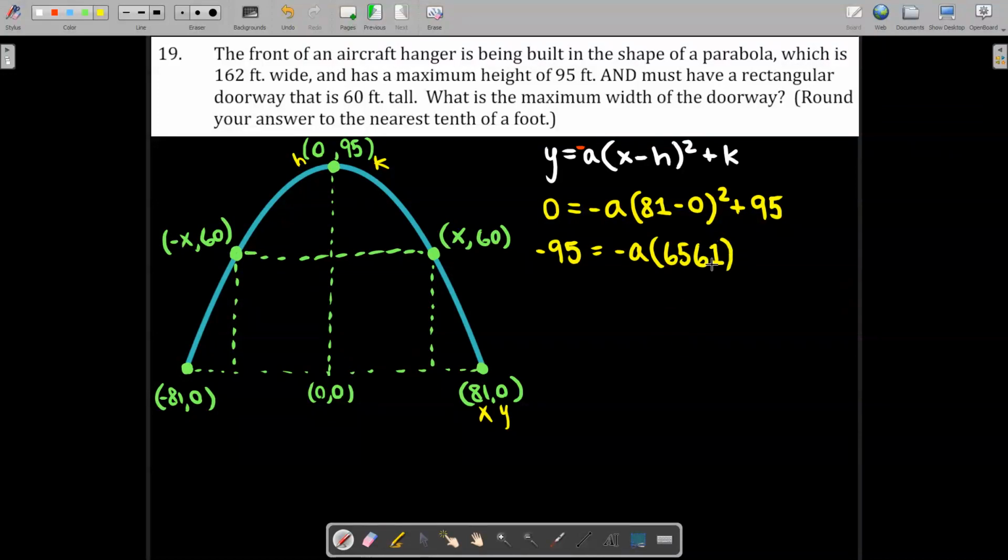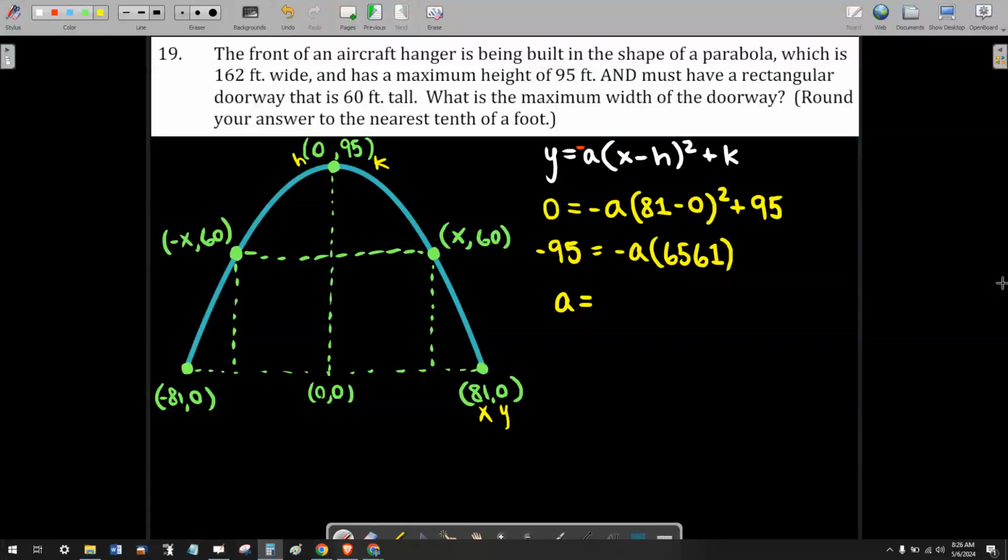And so we are going to divide both sides by 6,561 and negative 1 to get this A by itself. We want the positive A value, right? So we're going to divide both sides by negative 6,561, and that'll help us find A. A is going to be equal to, I really should have had my calculator pulled up. You know what? I think I can pull it up right here.